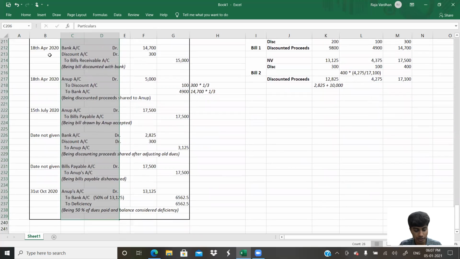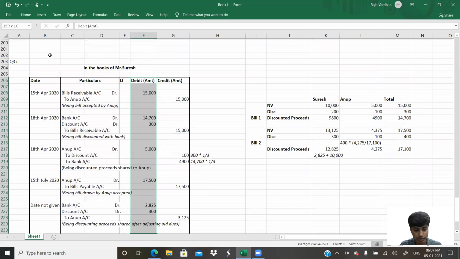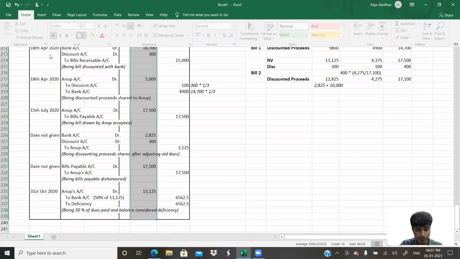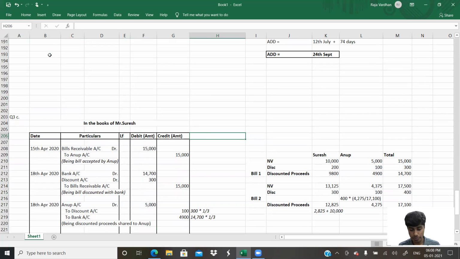I'll just mark it, make it beautiful to see. Yes, perfect. That's it. We're done with entries. You want me to put a line after this? Every transaction? I can do that.